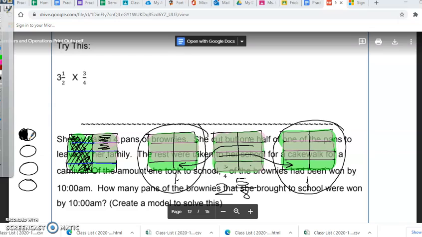Then I'm taking 3/4 of that. That is what this means. When you're multiplying, it's like taking a certain amount of it. It might have made more sense to say this, or it might not. My brain logically thinks it's 3/4 of 3.5 pans.